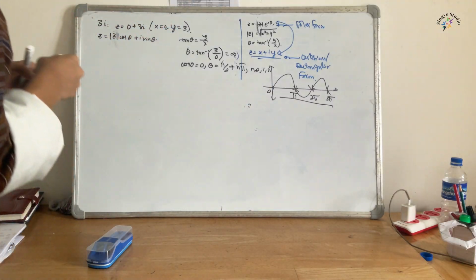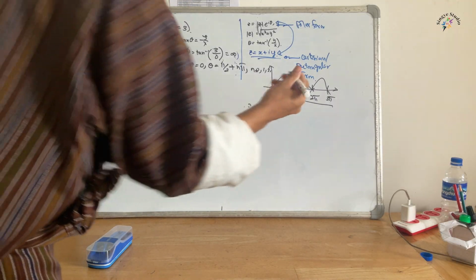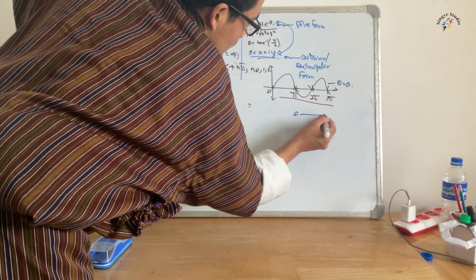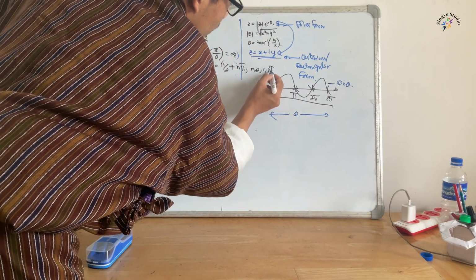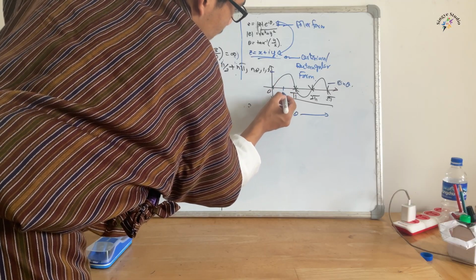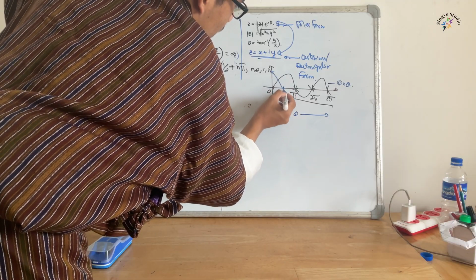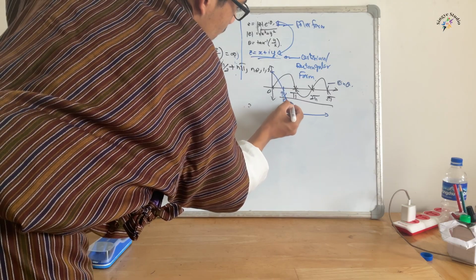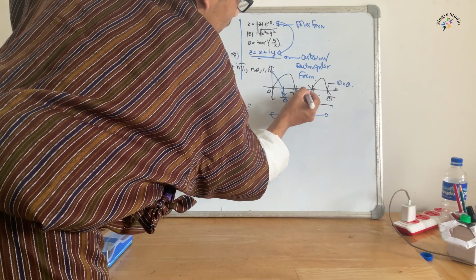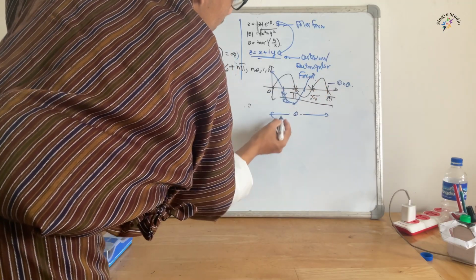So if you see very carefully, if this is theta, then you can see that our cosine will do like this. This is pi by 2, like this, then negative 1 here, then 3 pi by 2, 0 again, then here plus 1 like this.